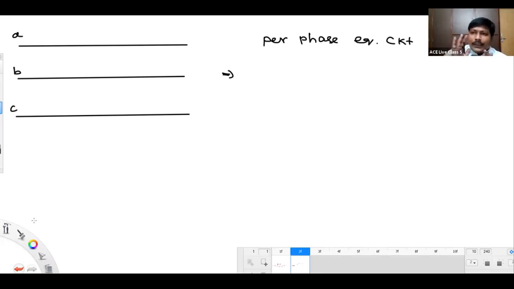Definitely, each and every conductor will have some resistance because it is made of some material having some length and some cross-section area. Each conductor will have its own resistance: phase A conductor, phase B conductor, phase C conductor, and we are drawing this only for phase A. So I'm showing only the resistance of the phase A conductor. Kindly understand this.